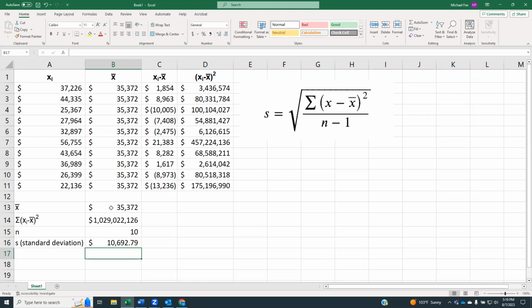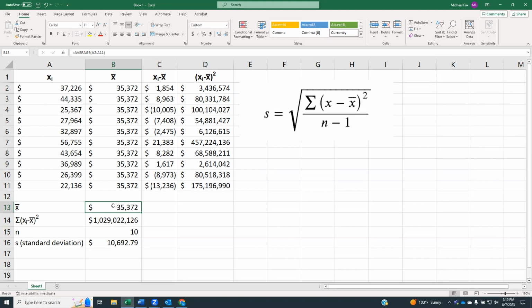Now we can look at it and say, okay, so the mean is 35,372. That's the average cost of a car in this sample. And the standard deviation is 10,692.79. We won't get into the empirical rule, but in essence, we know that it would be very normal for our data to be plus or minus 1 standard deviation.